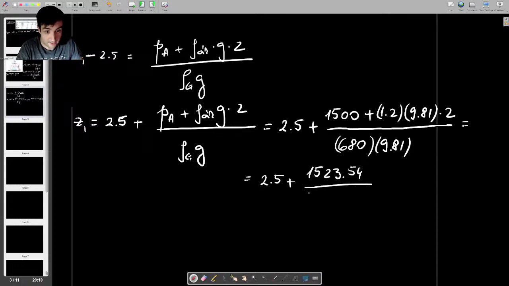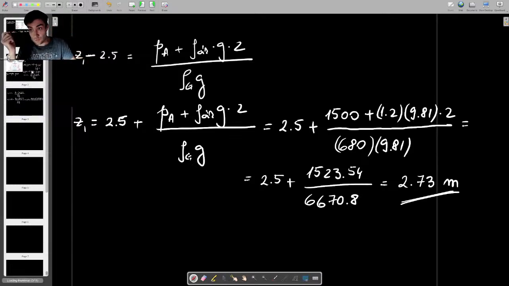You can tell I haven't actually done this before, so it's the first time going through the calculations myself. So 1523.54 divided by 6670.8, plus 2.5. Okay, so I get a value of 2.72, or if you round it up, 2.73 meters.